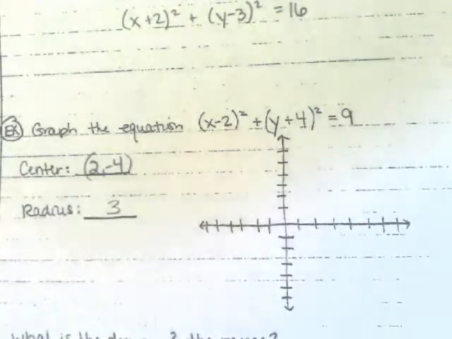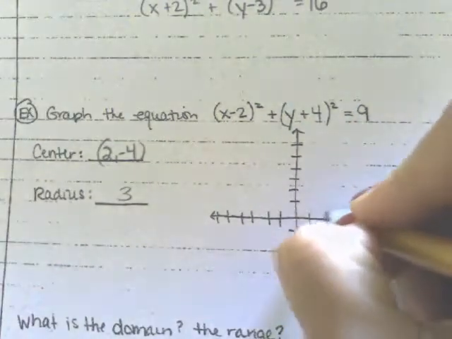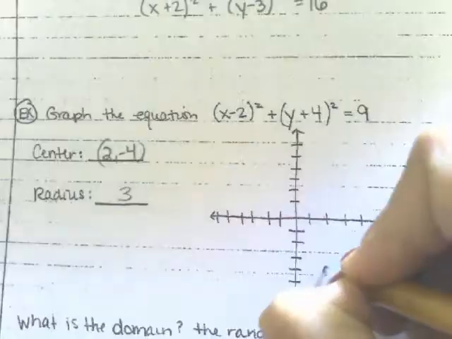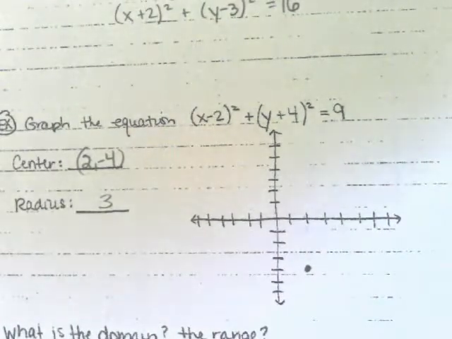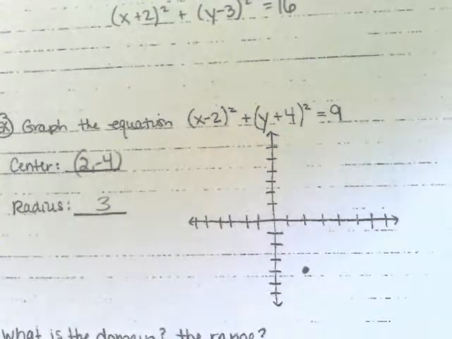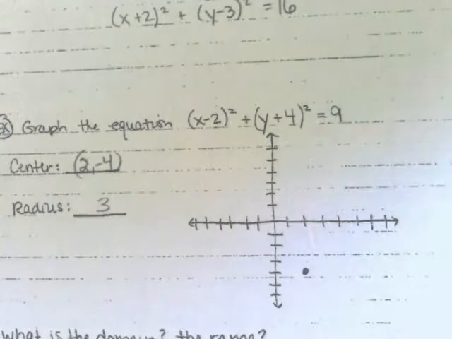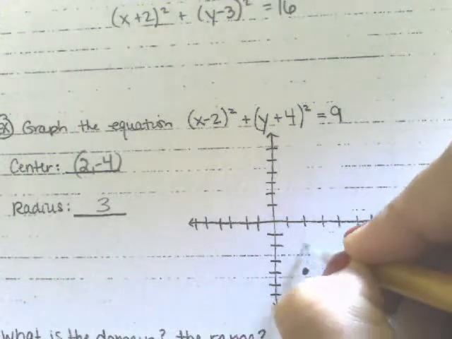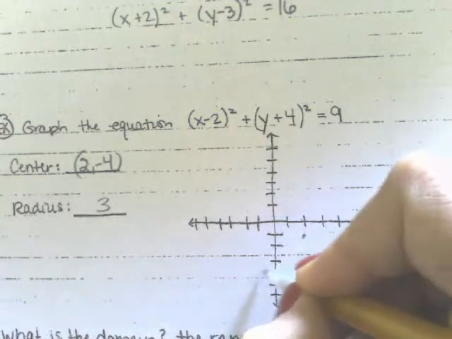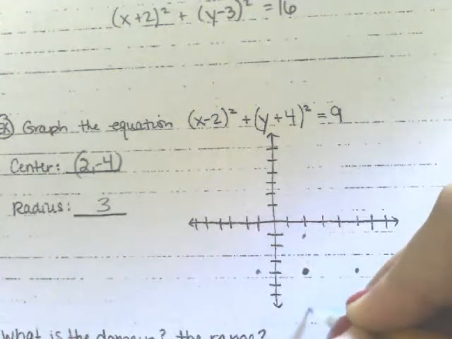And a radius of what, Mackenzie? 3. So I think the best way to sketch this is obviously to start with the center. And forgive my rough sketch of coordinate axes. And then from there, you count out 3 units up, down, left, right, and then just sort of sketch it. So 3 up, 3 to the right, 3 to the left, 3 down.